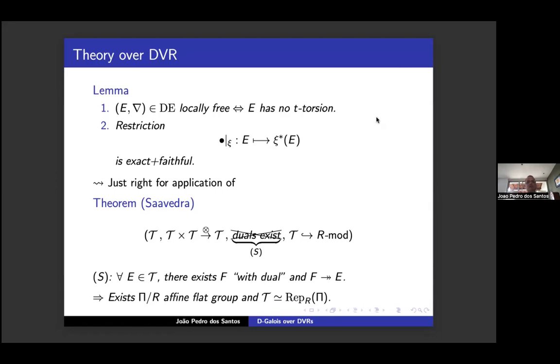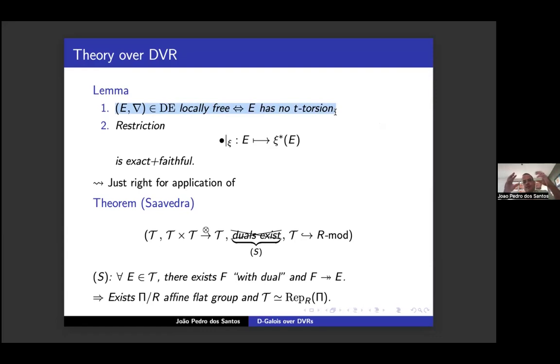This can be a little scary because you say, how do I apply this to construct differential Galois groups? And the good part is that you have this here. In order for you to have something which is dualizable, all you have to do is take a sub.